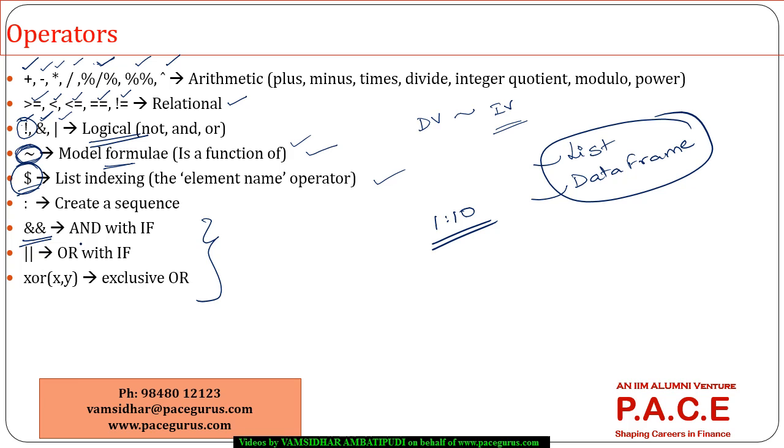It is like AND, and there is OR. We also have exclusive or, either x or y but not both, which we call XOR. All these operators we will be using at some point or the other. We just need to know what kinds of operators are available in R.